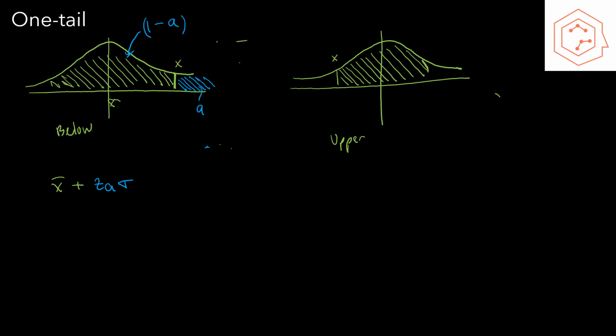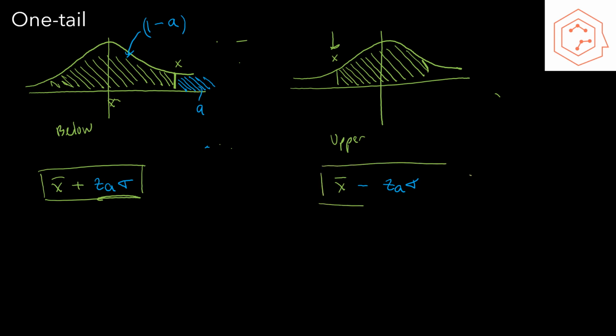And in the second case, we'd have a value that is above, so it would be the mean minus zα times the standard deviation. So the probability that any x value is below this number is (1 minus α) times 100%. And the probability that any x value is above this upper tail value is going to be also (1 minus α) percent. And this will be more clear once we do an example.